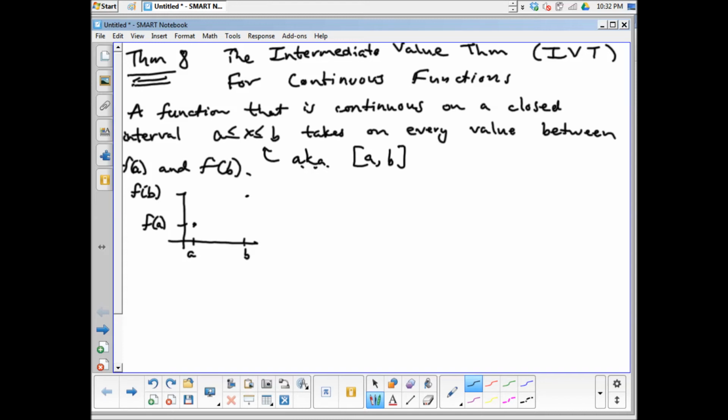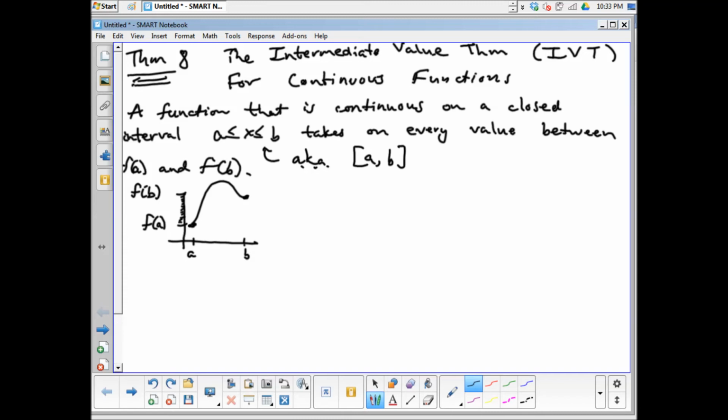Let's just say it looks like this. It's just saying that if the curve really is continuous between a and b, then when the curve is drawn, you pass through every possible y value between f of a and f of b.